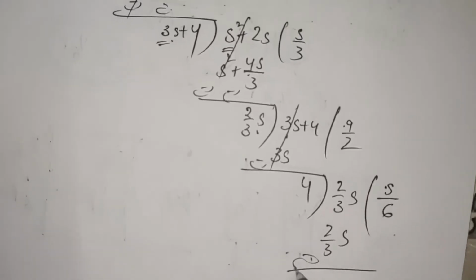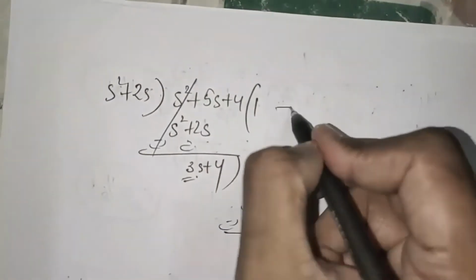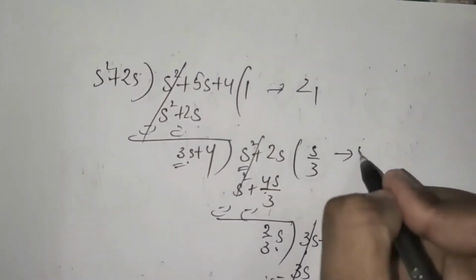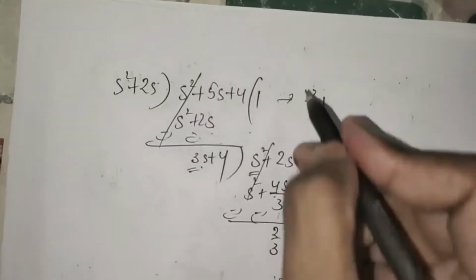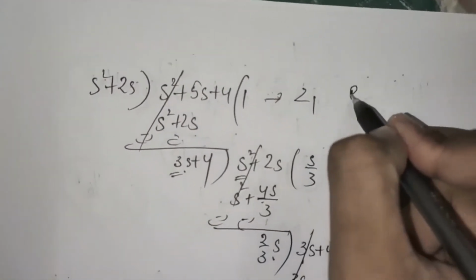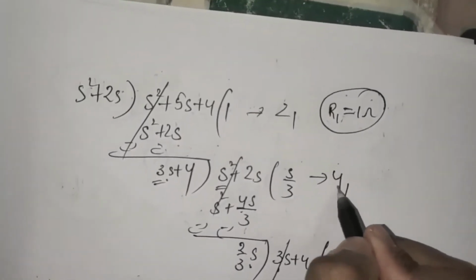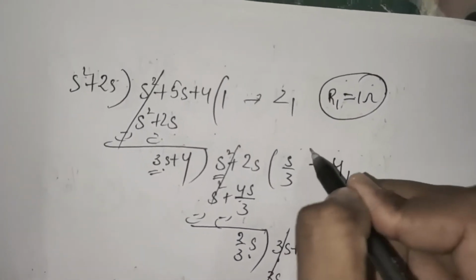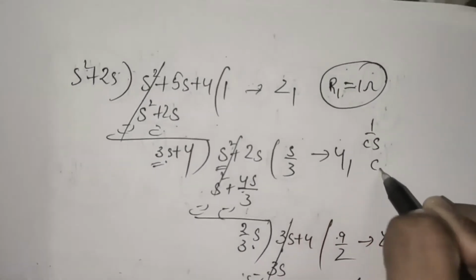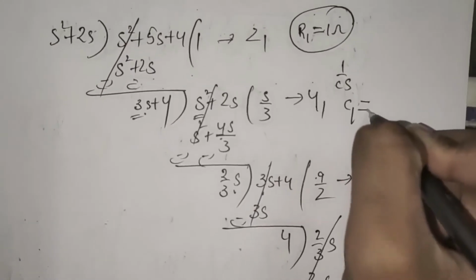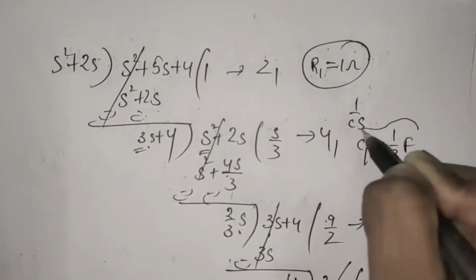Since this is done using impedance, this is Z1, this is Y1, this is Z2, this is Y2. Since Z is a constant, the first element is a resistor R1. Here Y is in the form of 1 by Cs, so C1 value is 1 by 3 farads.